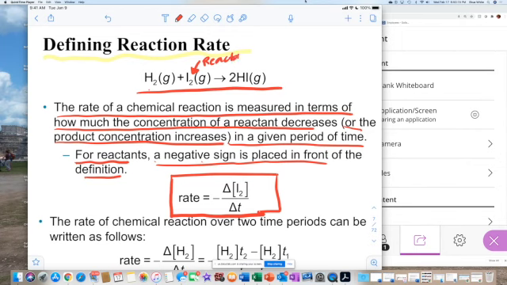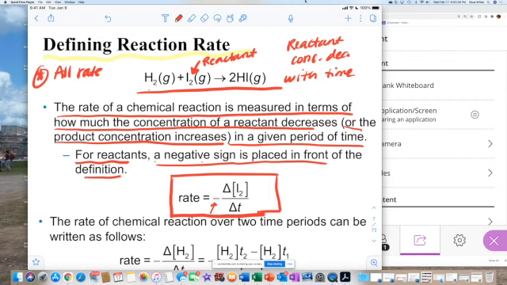We know that reactants decrease in concentration with time. So reactant, I'm writing it again, concentration decreases with time. So for that reason, you have to have a negative sign. So I'm going to tell you right now, all rates in chemistry are positive. So let me write a little caveat here.